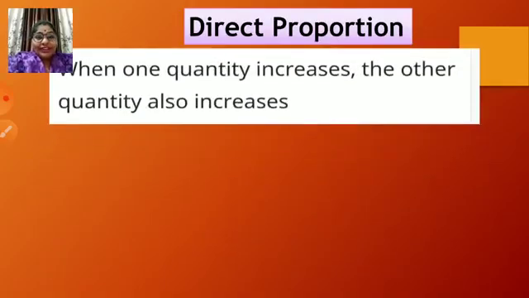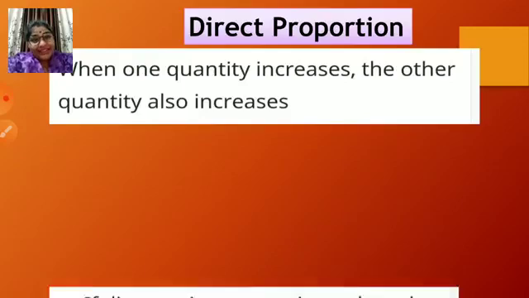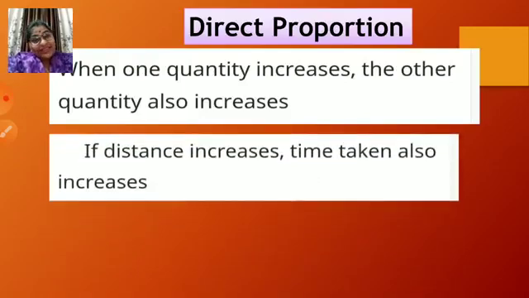So children, suppose there are two quantities given, and when one quantity increases, the other quantity also increases. If this happens, then it is said that the two quantities are in direct proportion. For example, if the distance increases, the time taken to cover that distance increases, right?